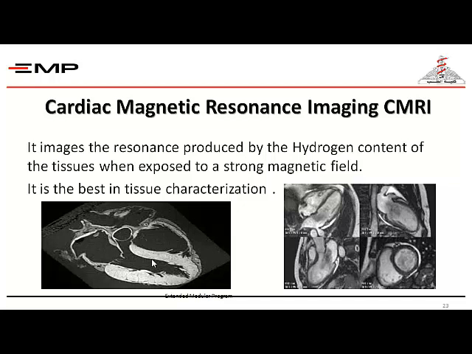So its place in the cardiac investigations is to differentiate between different types of masses you may find in the heart, and to properly delineate between viable, living myocardium, or scar tissue, where the myocardial cells have been transformed into pathological fibrous tissue.